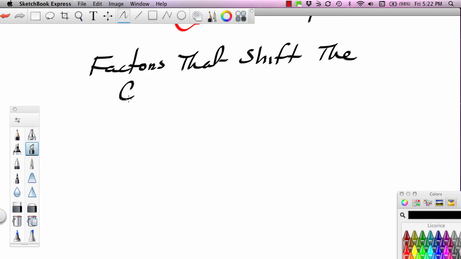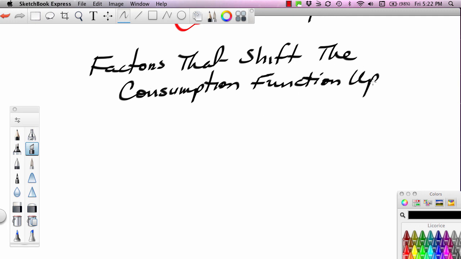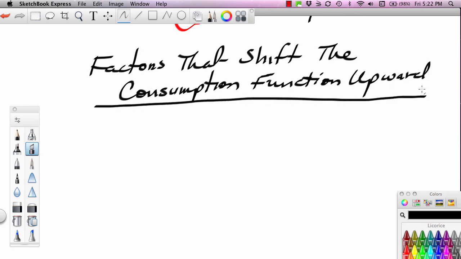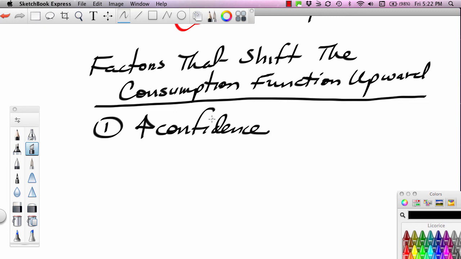Factors that shift the consumption function upward. We'll do upward. I assume you can reason this through and do the opposite. Okay, so one factor would be an increase in confidence. If consumers feel more confident, all things held constant, they tend to spend more.